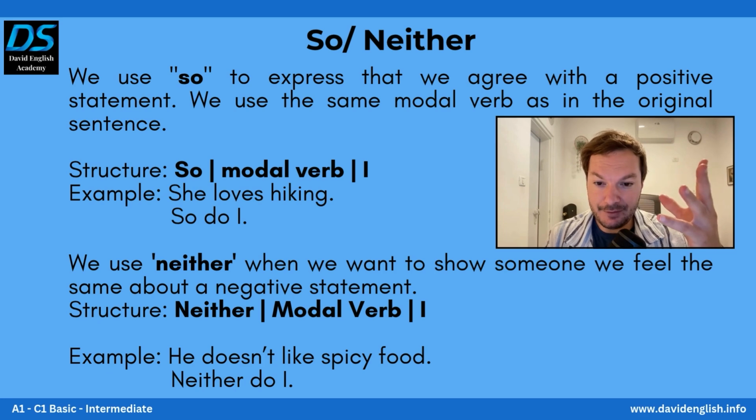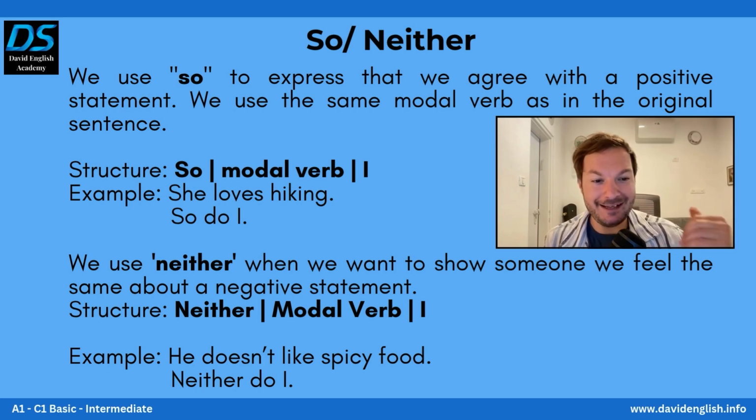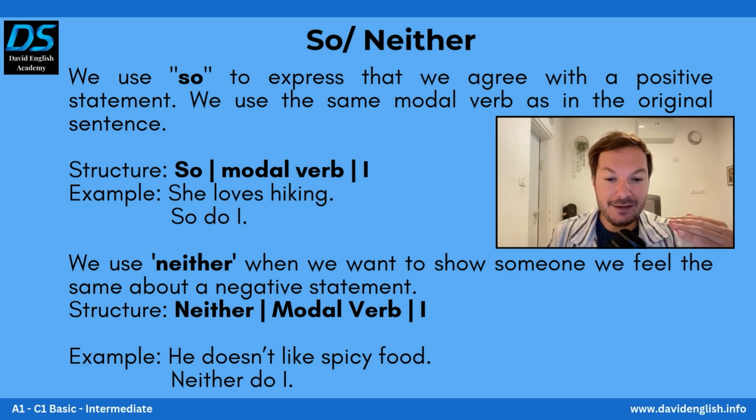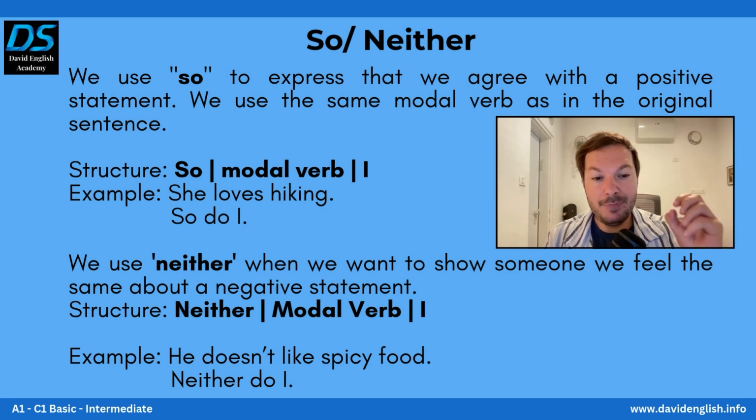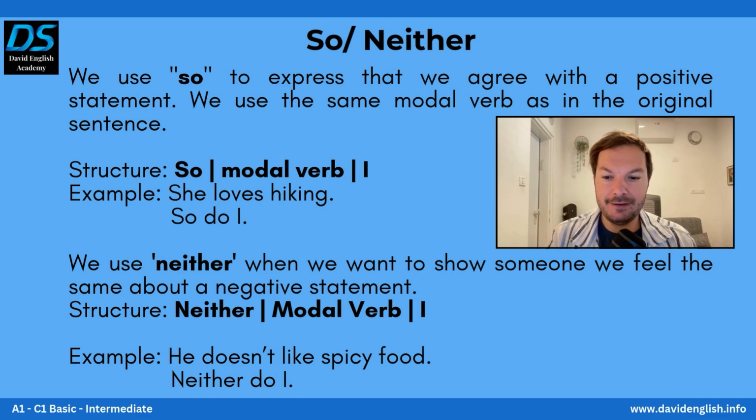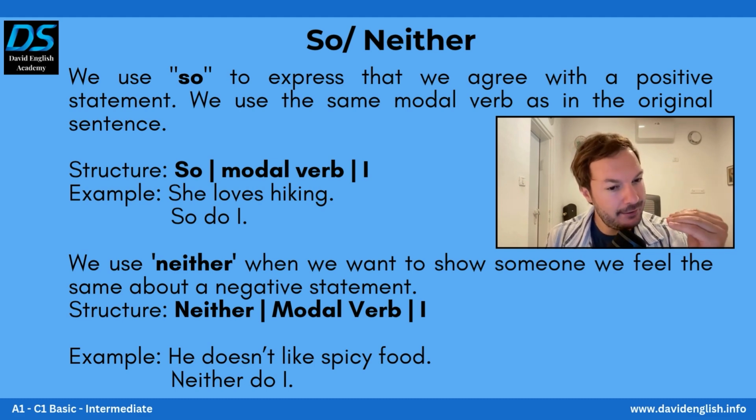Loves is a verb. We're in the present simple. We want to say, so do I. We use neither when we want to show someone we feel the same about, but in a negative statement. Structure, it's neither, modal verb, and I. Example, he doesn't like spicy food. You want to say, neither do I.